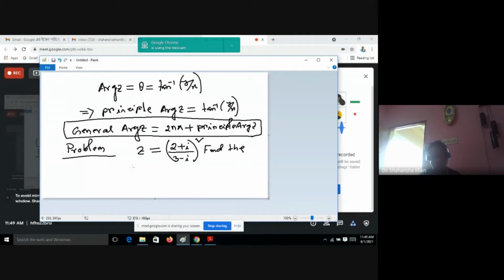Find the modulus and argument of z for the given expression.